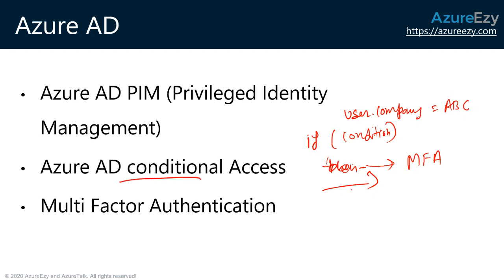So you can set up a conditional rule using Azure AD conditional access, which enables you to prompt the user to go through an additional check. It can be multi-factor authentication, or it can be resetting your password. Suppose a user qualifies into a particular category, you want them to reset their password first, then only proceed.